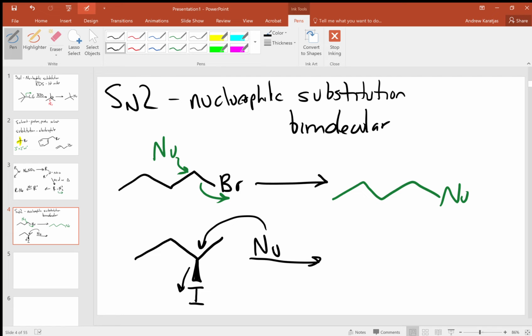The reason for this is what's necessary in order to achieve optimal overlap of the HOMO of the nucleophile with the LUMO of the electrophile. The result here is the nucleophile is then on the opposite side of where the leaving group is, and we get an inversion in stereochemistry.